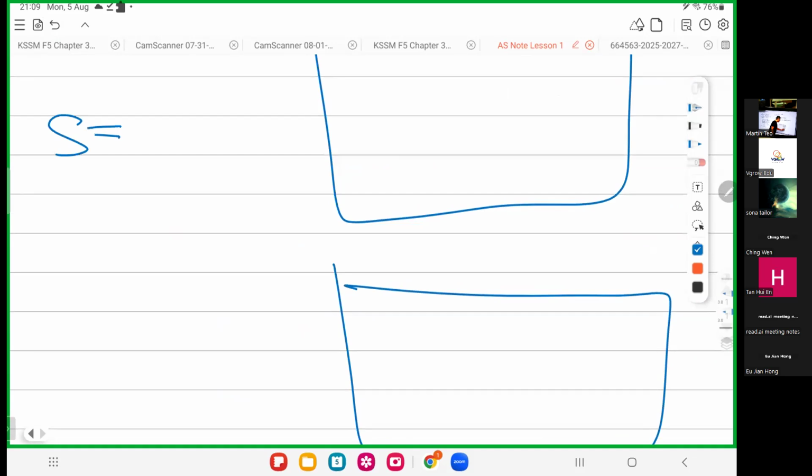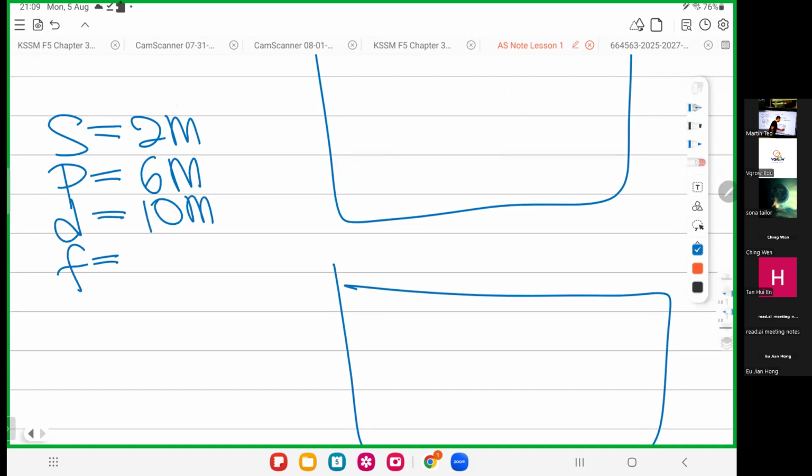S means you cut the cake into 2 meters, P into 6 meters, D into 10 meters, and F into 14 meters.